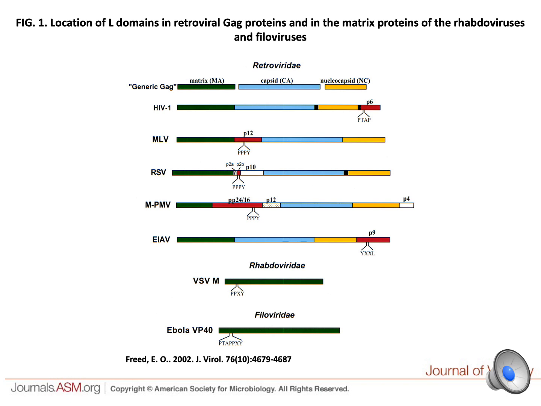slide from a review article on these late domains, where you can see how even in retroviruses they can be found at a variety of different places in the gag polyprotein, and also how their sequence is quite reminiscent of sequences that serve the same function in VSV or in Ebola virus.